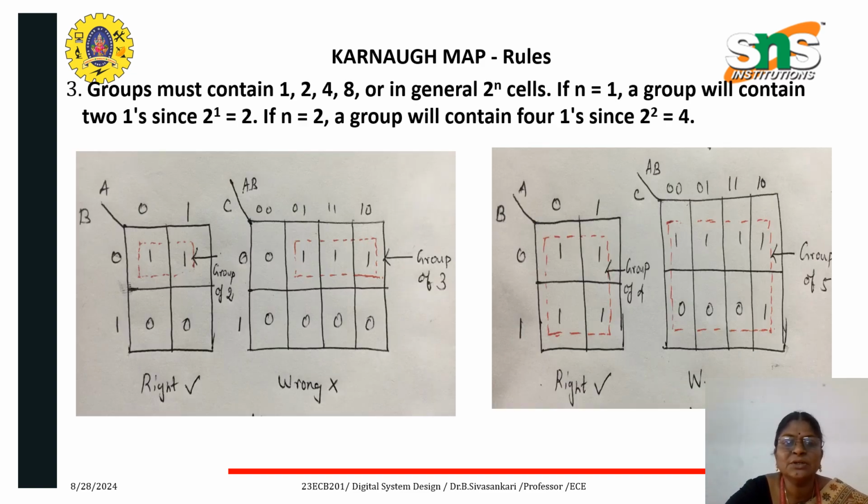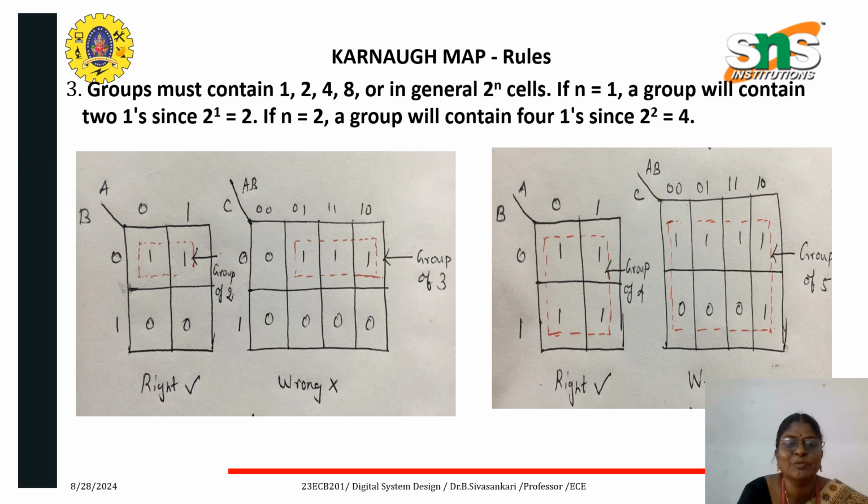The third condition is the group must contain 1, 2, 4, 8, or in general 2 power n cells. If n is equal to 1, a group will contain two ones, since 2 power 1 is equal to 2. If n is equal to 2, a group will contain four ones, since 2 power 2 is equal to 4. What is the difference between the left side and right side? We cannot group three ones.